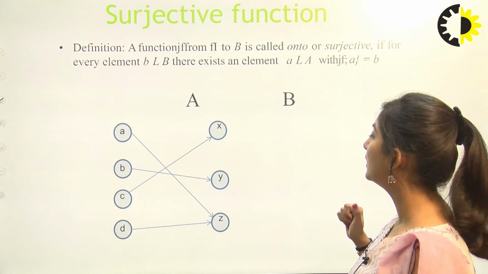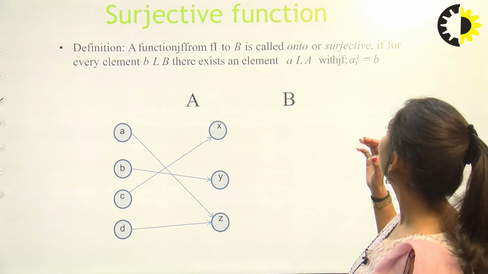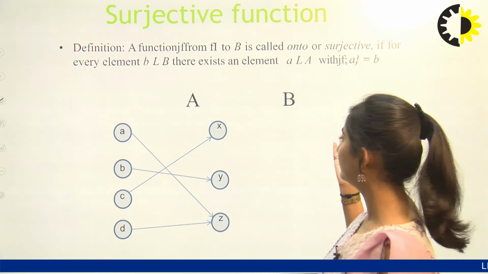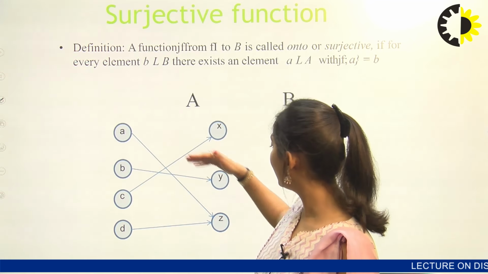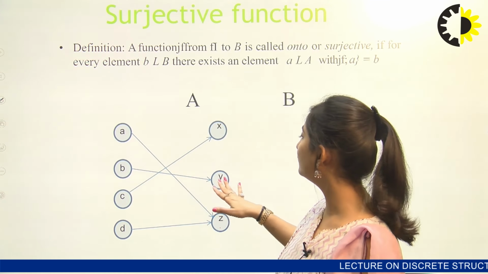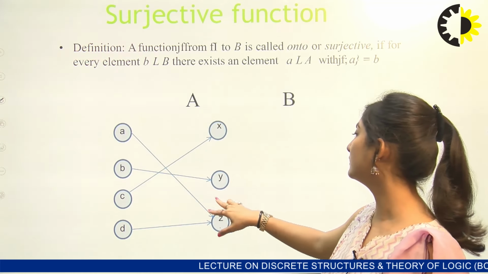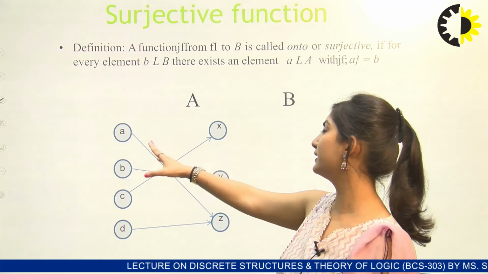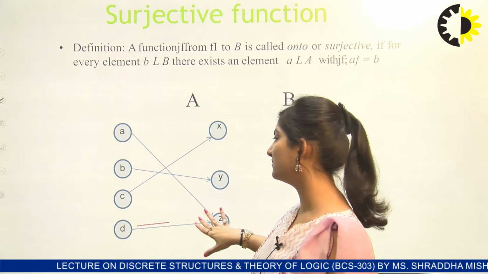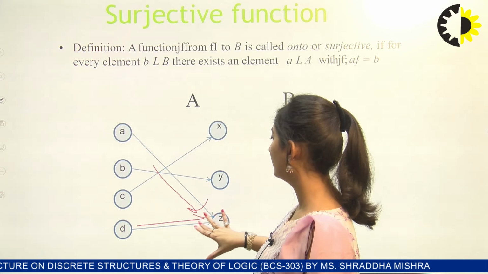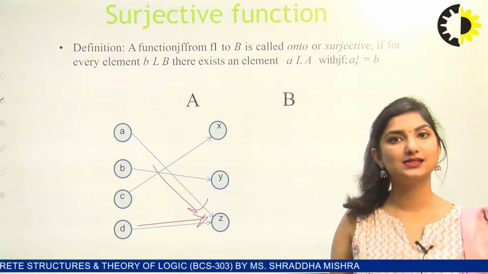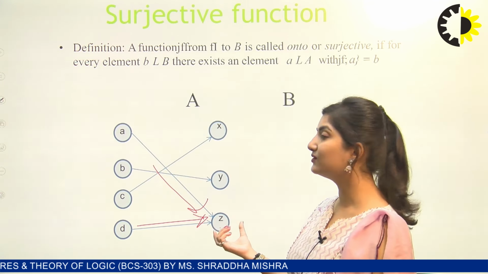Surjective function. Surjective means it is onto, right? So if you see here, A has a friend Z, B has a friend Y, C has a friend X, but D is having, so Z is having two friends. It's taking money from A also, taking money from D also, right? So Z has two friends.